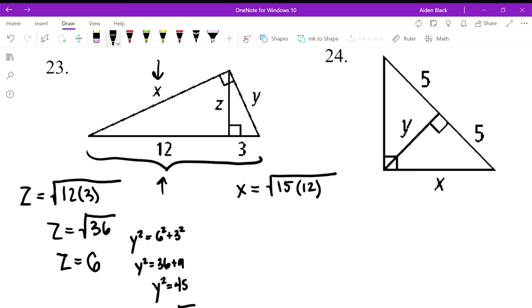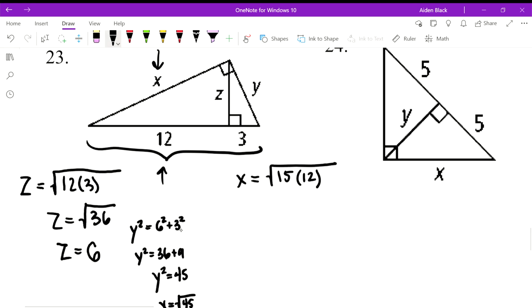So we use 12, not 3. If we were to find y, we would use 3. It's 15 times 12, 100, plus 50 plus 20, that's 170, plus 10, 180, square root 180. I think that's right.